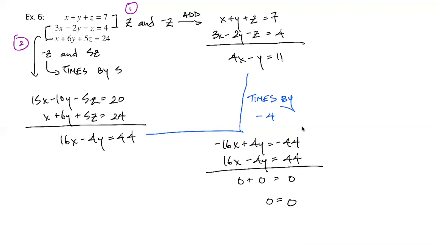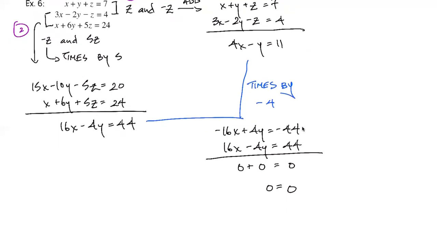Okay. So remember, it's always a good time to double check your answers. Did you get all the signs right? Did you distribute everything you needed to? But after you've done that, if you get a true mathematical statement, here's what that means.